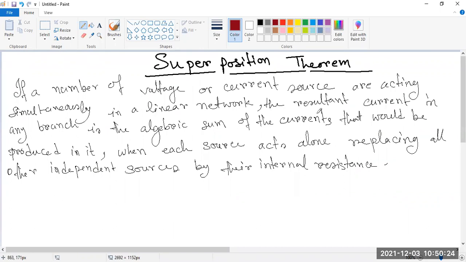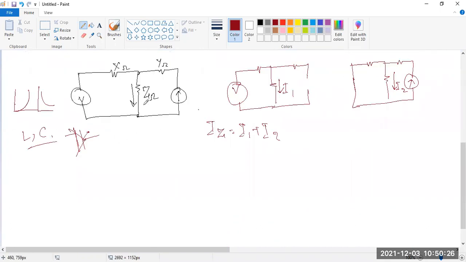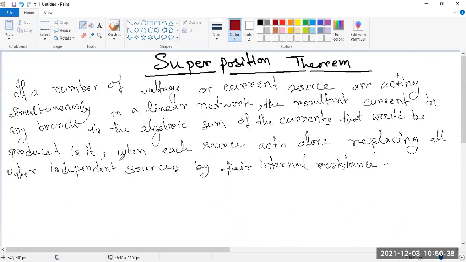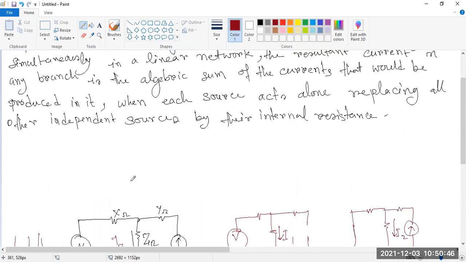In a linear network, the resultant current in any branch, say this is the resultant current Iz, is flowing because this source is working and this source is also working. So what will be the net current? The net current is the algebraic sum of the currents that would be produced when each source acts alone.